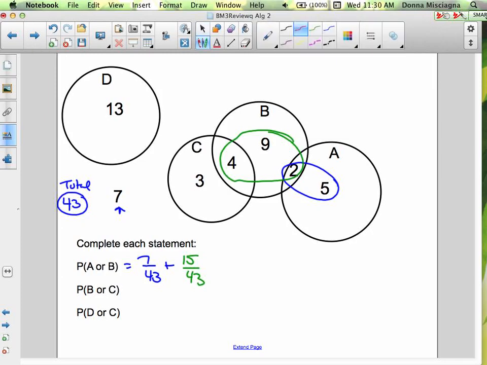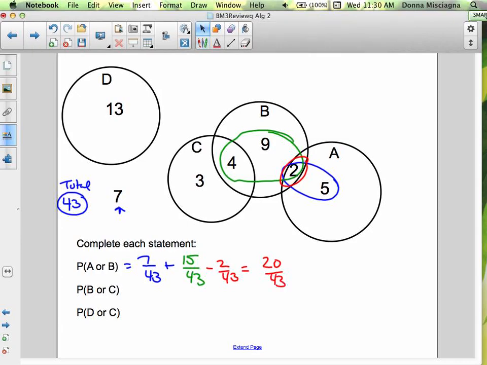Right here, those 2 were counted more than once. So we'll have to subtract off 2 out of 43. So that's going to give us 22 minus 2 would be 20 out of 43. All right, I'm going to erase that so I don't get things confused. Now we're going to do B or C.